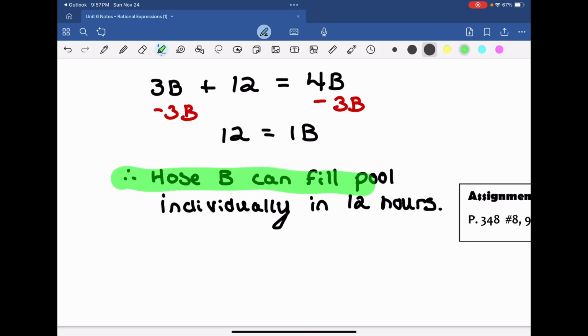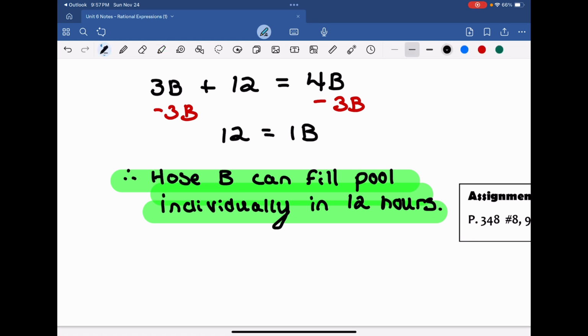So what this means to me, at least, is when I read back on this problem, I'm like, well, it only took hose A 4 hours. So what we could say is maybe one's a fire hose and the other one's a garden hose. Hose B could be a small little garden hose that's just meant to water plants, whereas hose A could be something like a fire hose that can have a larger rate of volume flowing through it, so therefore it's a lot quicker.